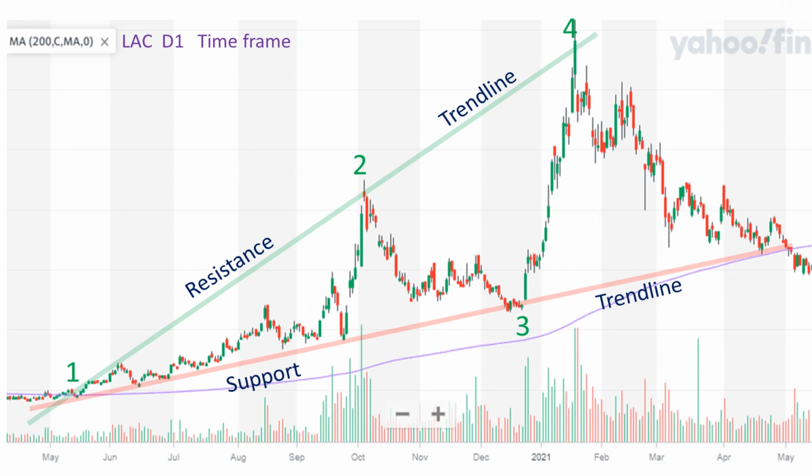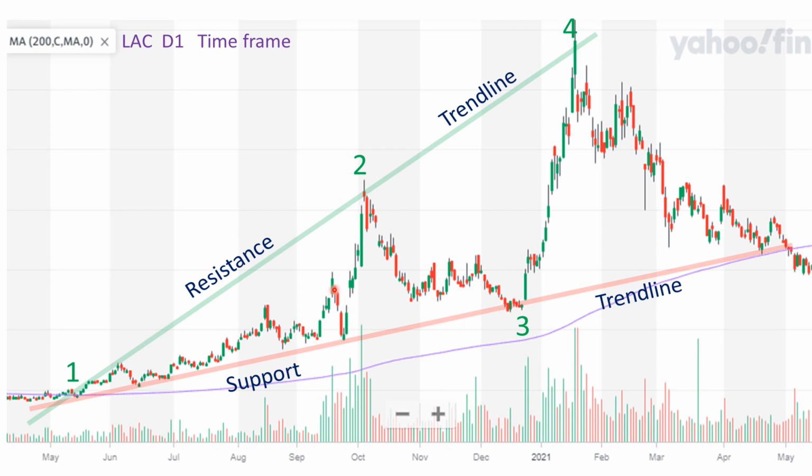This is the same price trend, Lithium American stock, and instead of W1 time frame, now you have D1 time frame. Each candle represents 1 day of trading. It takes one day for each candle to be painted.